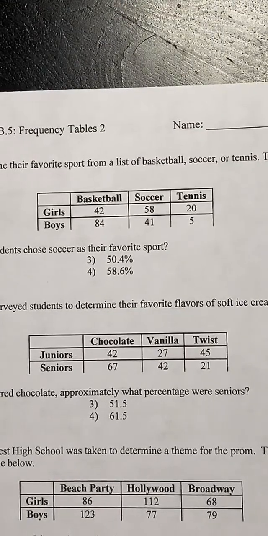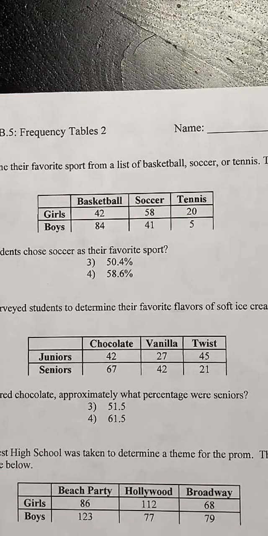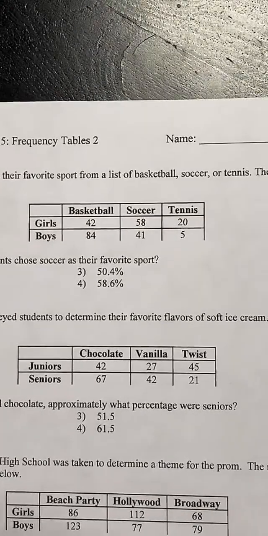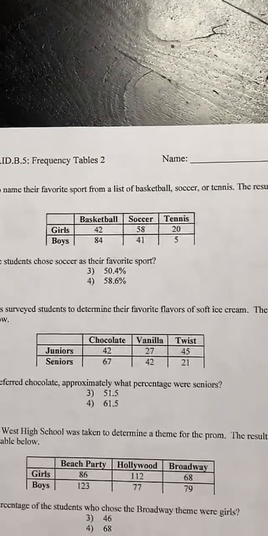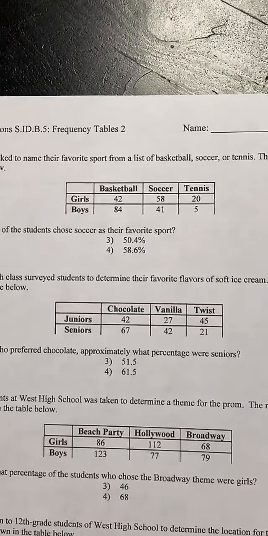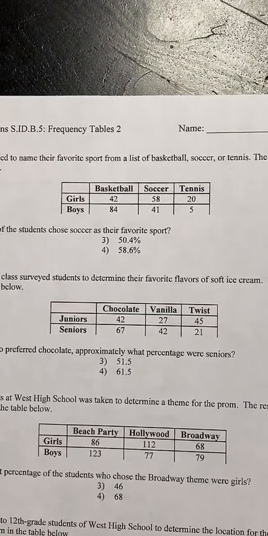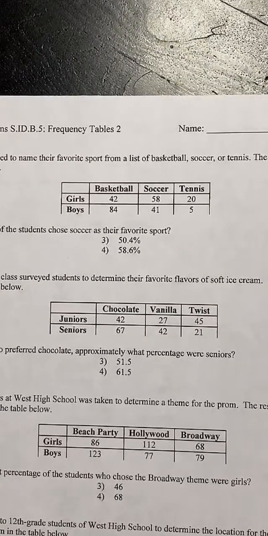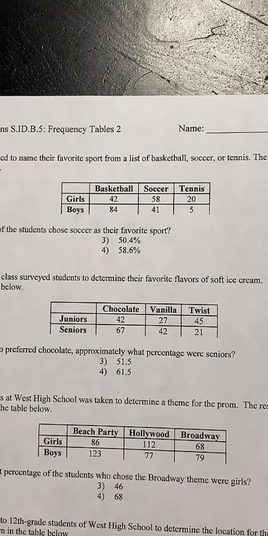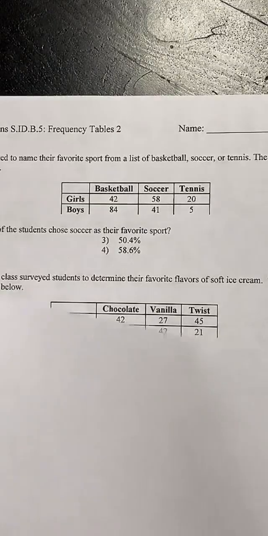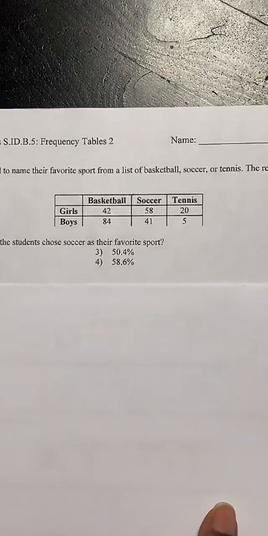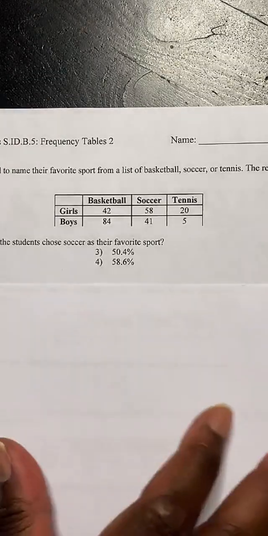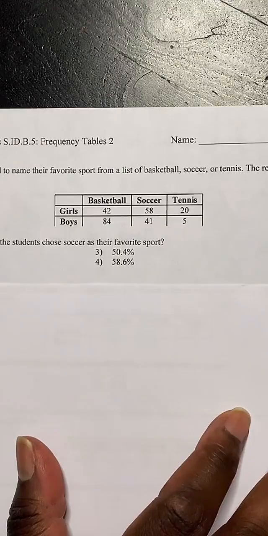I'm going to read the question to you because, sorry, we just don't have the means right now. All right, so students were asked to name their favorite sport. Let me get a real piece of paper to cover so you can focus on one problem.